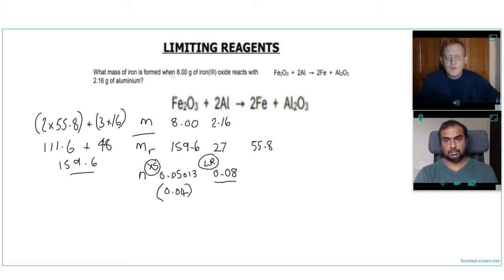And then to work out the mass of iron that's formed, we go off the limiting reagent moles. And between the aluminium and the iron, with a 1-to-1 ratio, we would form exactly the same number of moles.